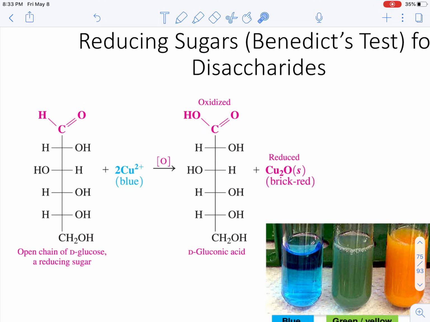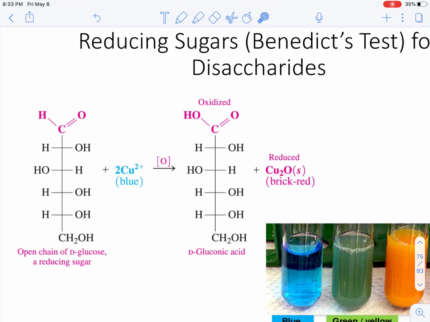And in turn, itself becomes oxidized. Okay. And so for Benedict's test, if your solution stays blue, then that means that there was no reducing sugar present.